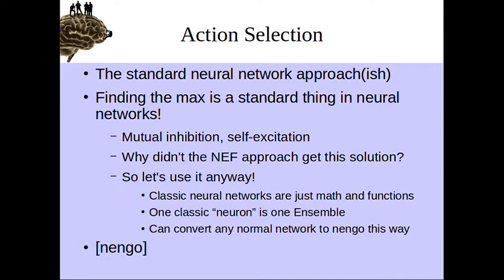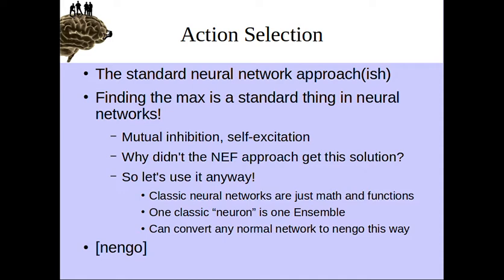And I'm going to make connections between these values such that if one value is large, that will make the other values smaller. And if one value is large, make it even larger. That's a classical neural network approach. And classical neural networks are just math and functions. And I know how to implement math and functions in neurons, so let's do this.